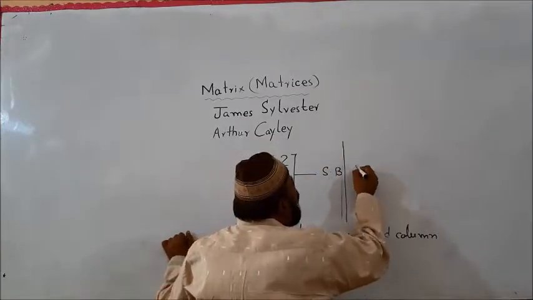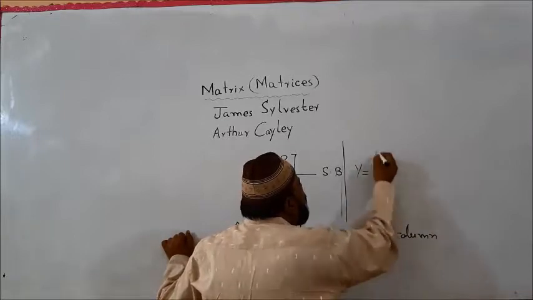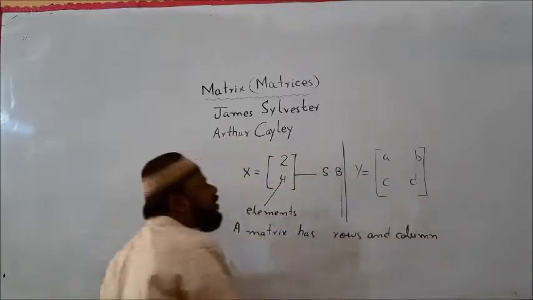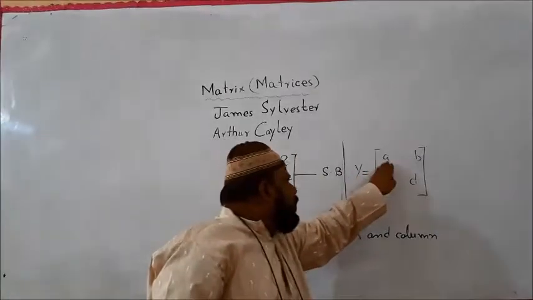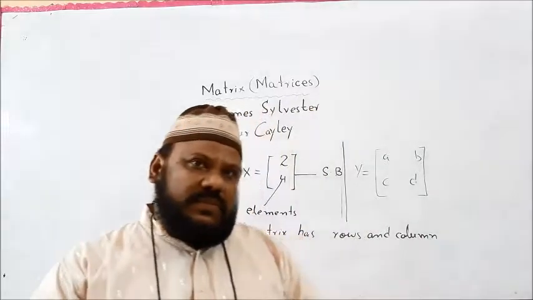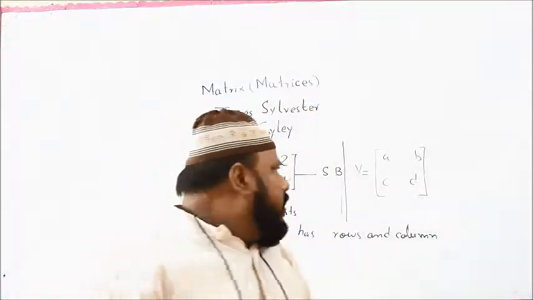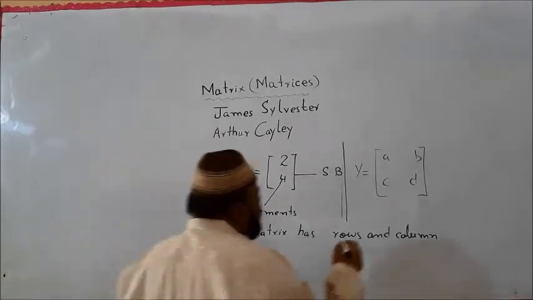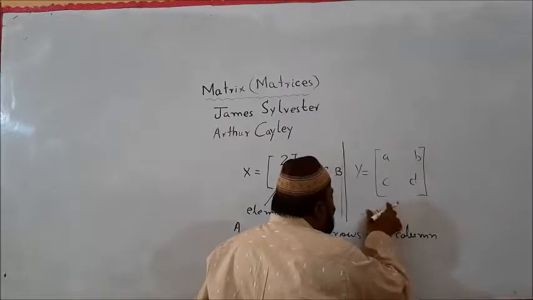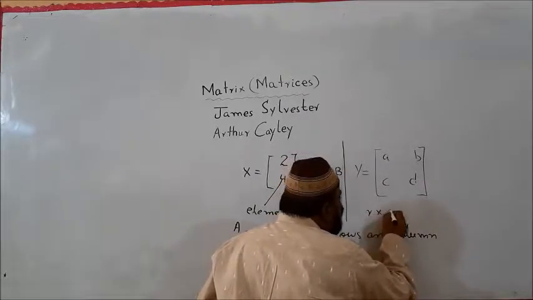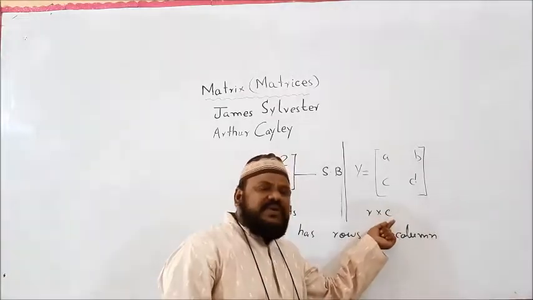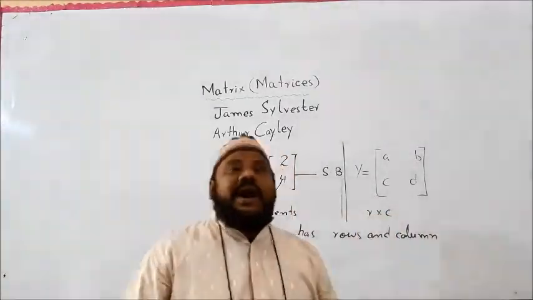For example, Y matrix has A, B, C and D as its elements. In the start, we use our formula R by C, rows by columns. Here we do not use into, we use R by C.